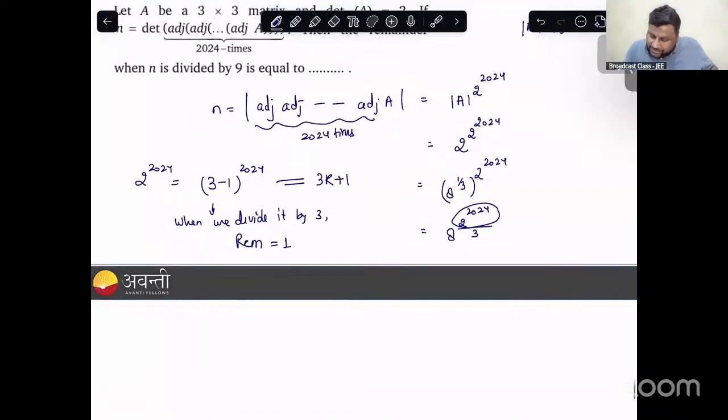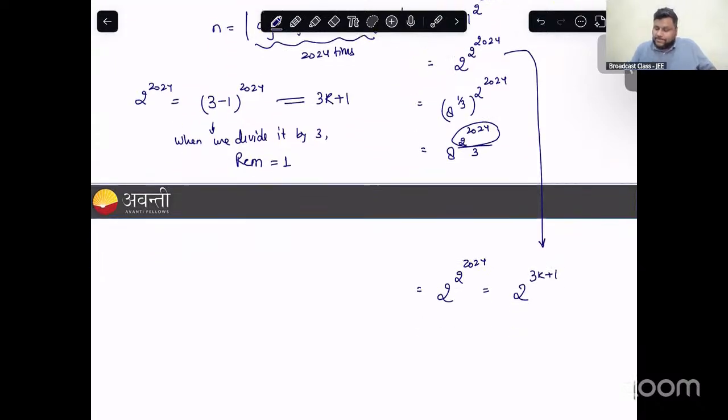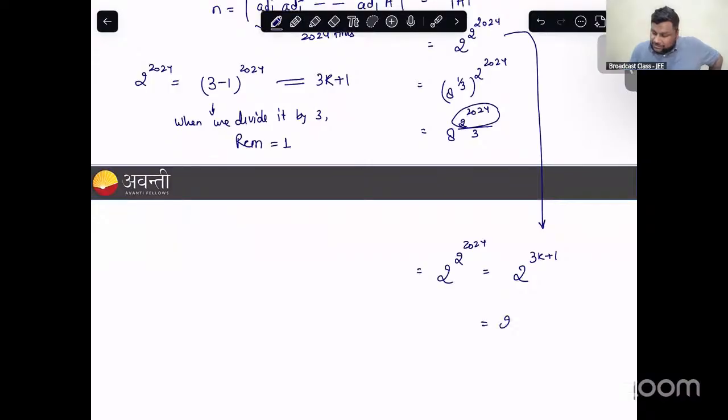So again I come back to this position, and this 2 to the power 2024 can be written as 2 to the power 3k plus 1. That is 2 times 2 to the power 3, whole to the power k.